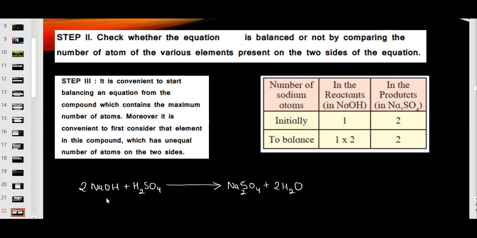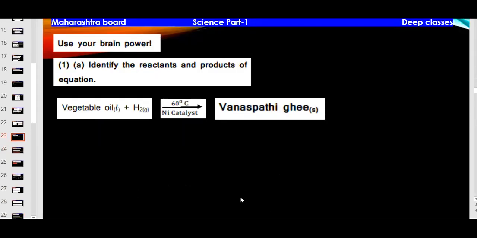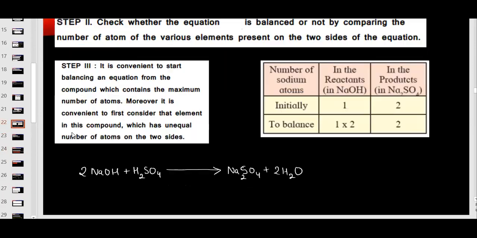So this is 2 NaOH you have added. Now this becomes 2 sodium, and on the right side also you will see sodium is 2. Let's go further. Use your brain to balance this equation.